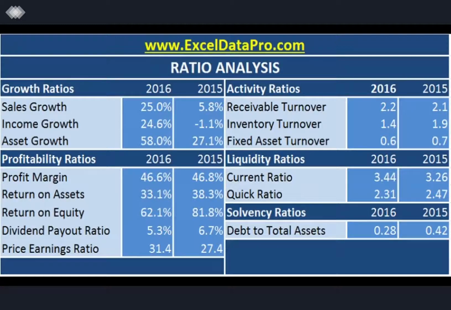But the only ones that really stand out here are the debt to total assets ratios. But again, if we were given a couple more years with this data, maybe it would level out some more. Just in these 2 years, the 1.4 decrease from 2015 to 2016 really stands out. But yeah, that's just ratio analysis.